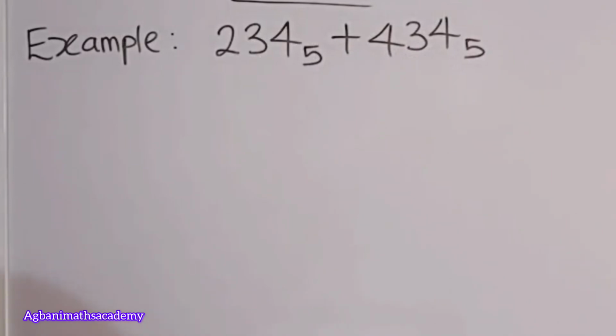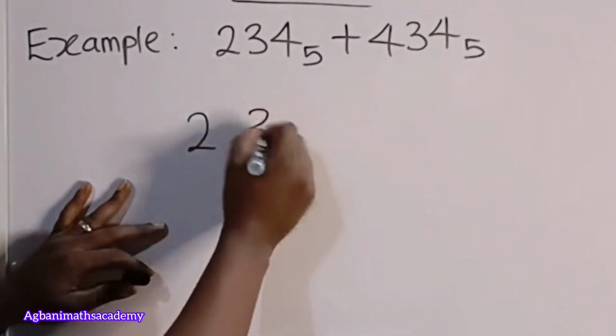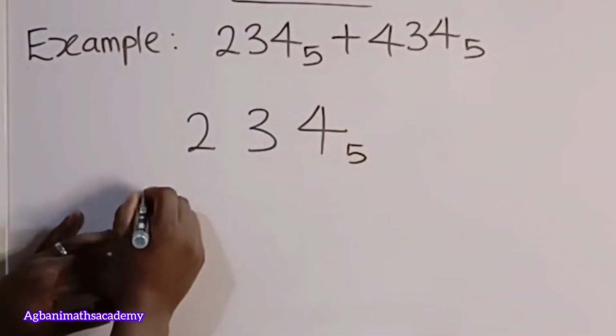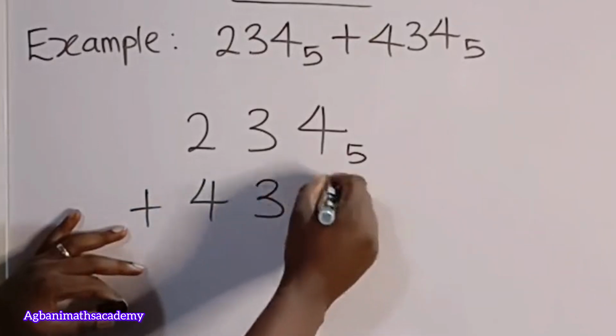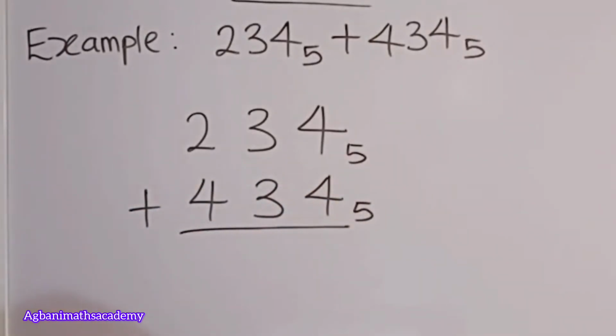Let's add them together. So 234 base 5 plus 434 base 5. Okay, so remember what I said, base 5 cannot contain a number bigger than 5.